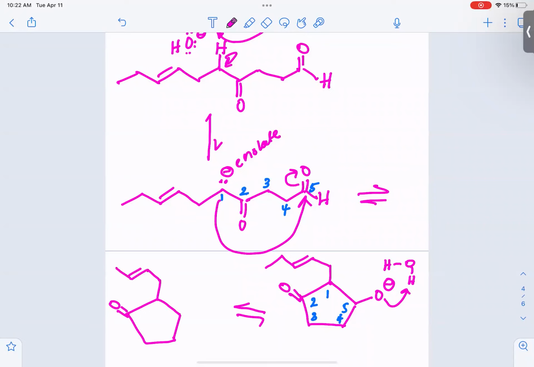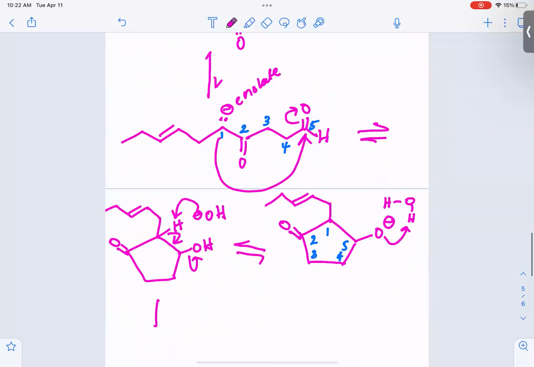I still have an alpha hydrogen here, and I still have base. So I can deprotonate, the electrons go in between, I kick off the OH group. Right, and there's my product.